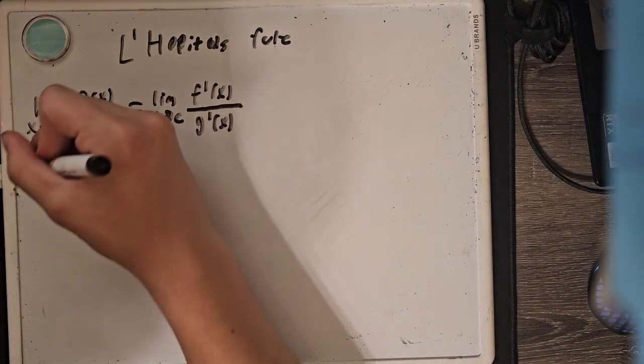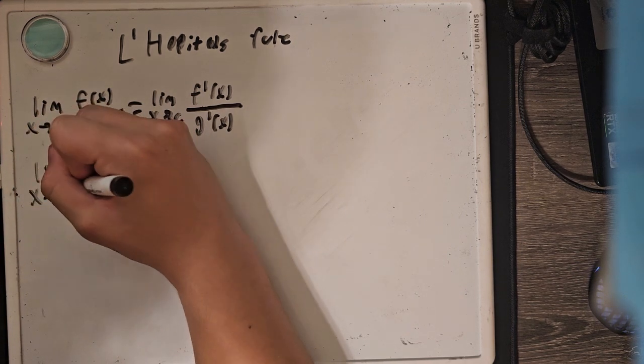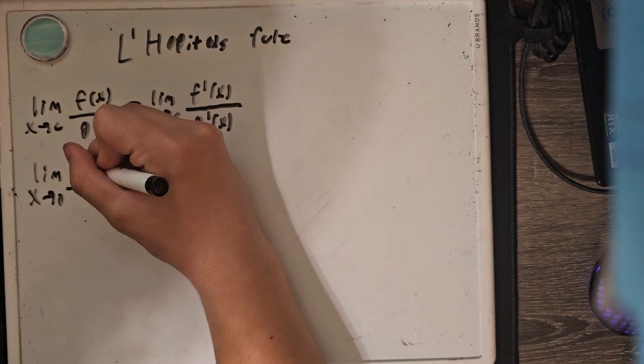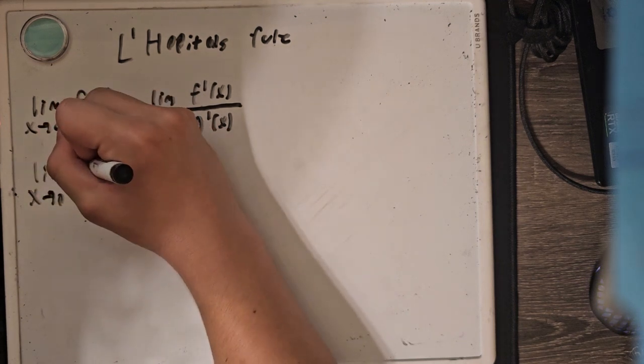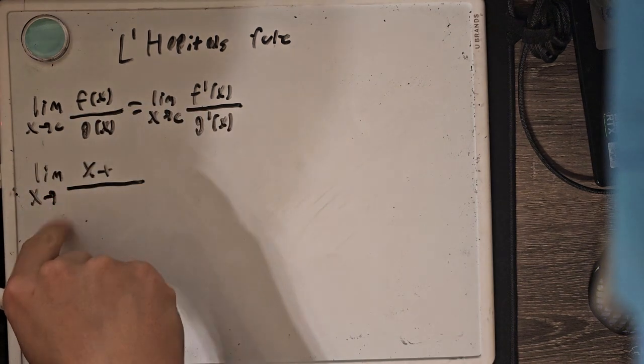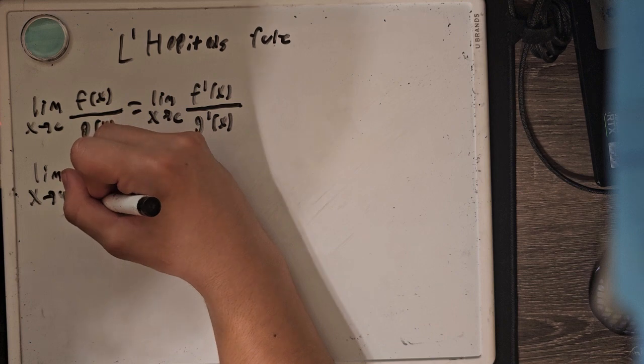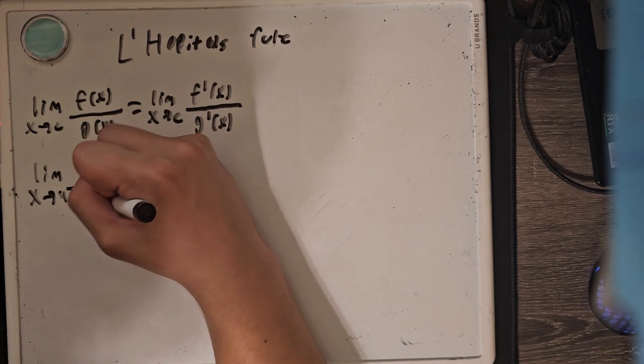Now this helps when we have a situation like the limit as x approaches 4 of x plus 3 over x minus 4.